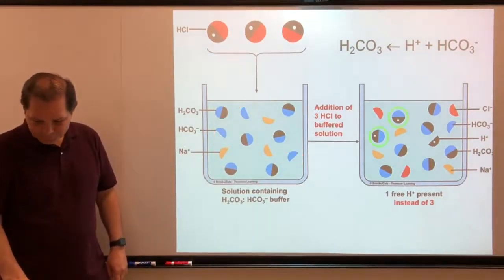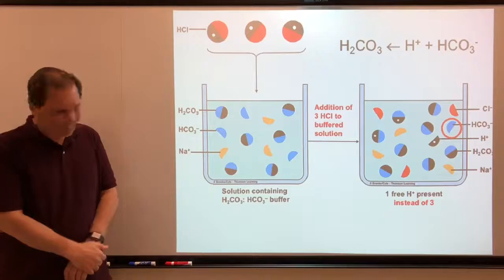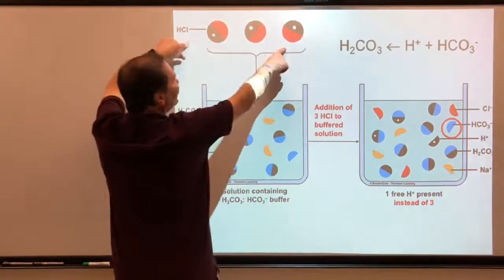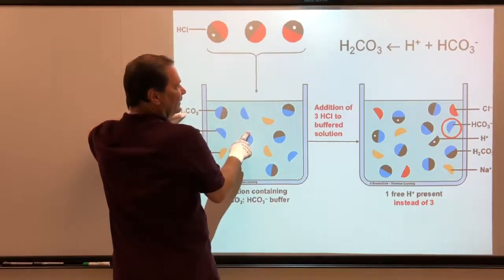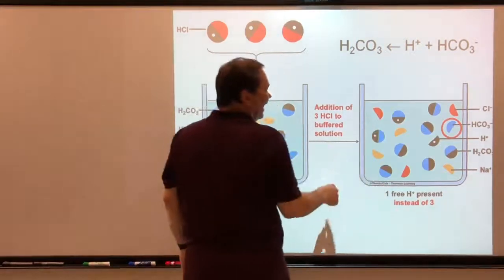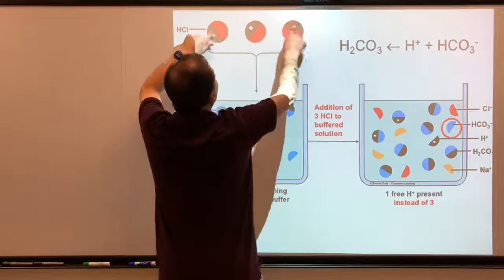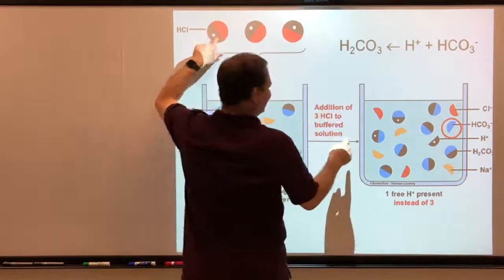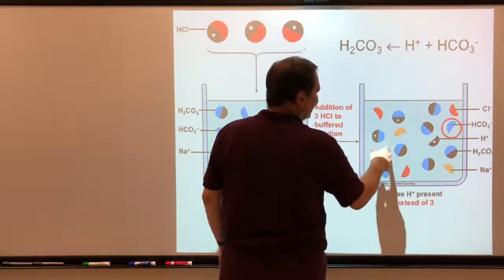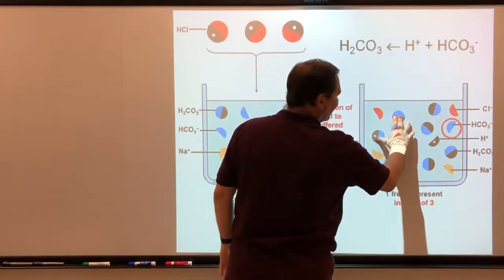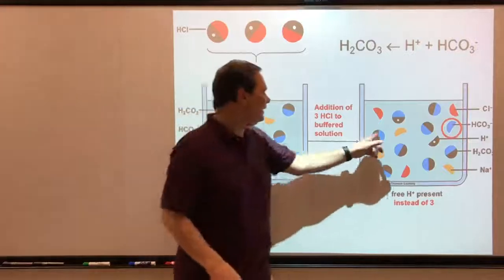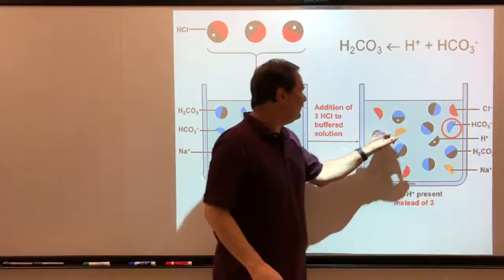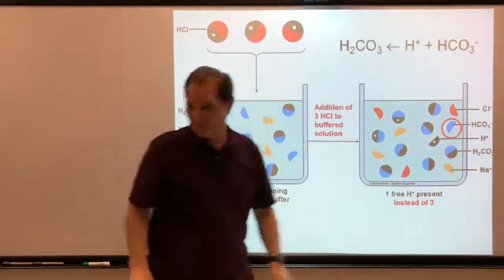And if we add acids, 3 hydrochloric acid molecules to that beaker, we get these hydrogen ions, which are black with a white dot. They actually bind to bicarb, okay? So you can see here's 2. We had 3 free bicarbs here. Now 2 are bound and 1 is free, okay?